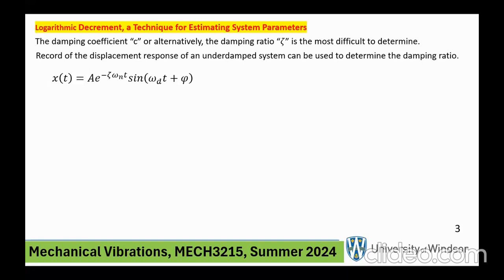This is the canonical form of that equation. But the solution to that, we said that it looks like this, okay?